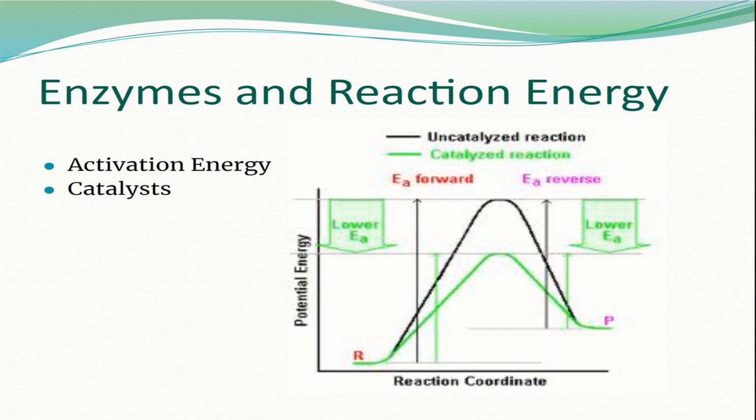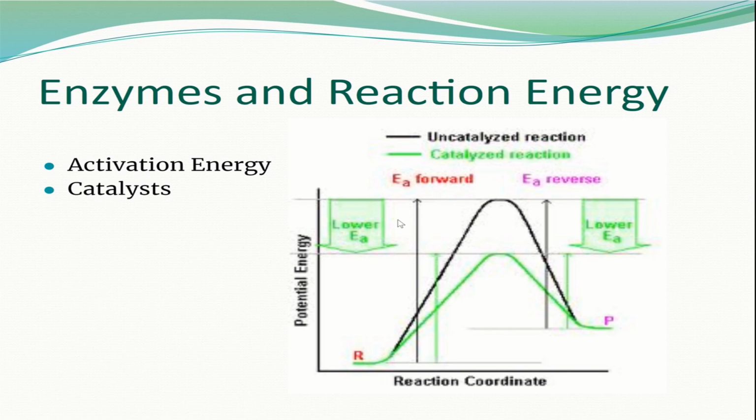And this all comes down to the fact that we have to carry out chemical reactions all the time to keep our body going. And so one of the things that we have in our body to help us do that is enzymes. Enzymes are specialized proteins that lower the activation energy of a chemical reaction in order to help the reaction occur at a rate that will keep us alive. So it is a type of catalyst.